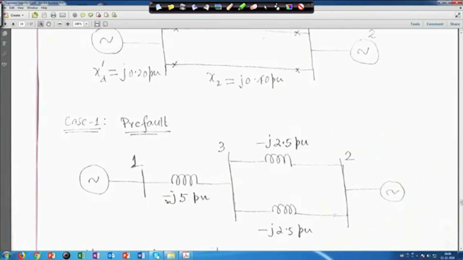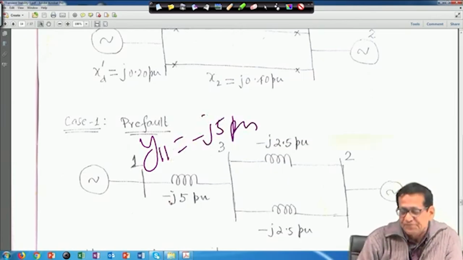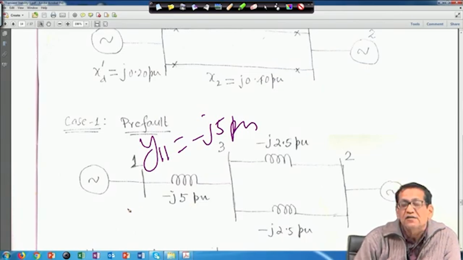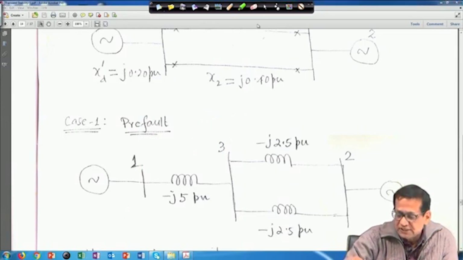If you take y11, it is minus j 5 per unit for this one. Similarly, if you take y13, it will be minus j 5 per unit, because no charging admittances are considered here, or no load is given here.